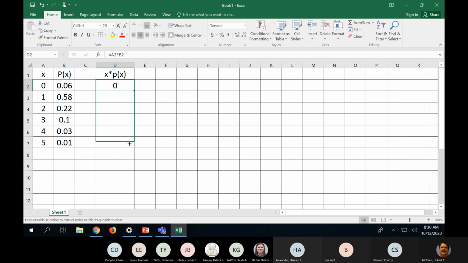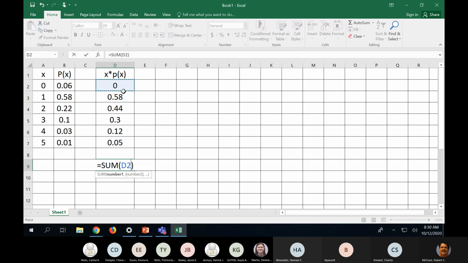I want you to make sure you put this in your notebook, because if I was to give you 10 questions from 4.1 or 6.1, 8 of them would be like this. I want you to be able to find the mean and the standard deviation of a probability distribution. And now I add those up. And that is the mean of the probability distribution.